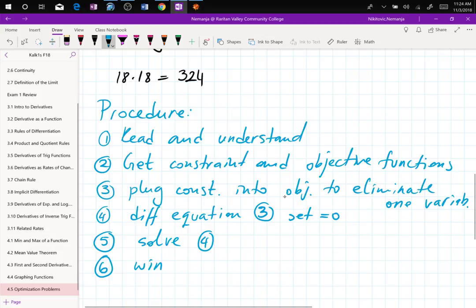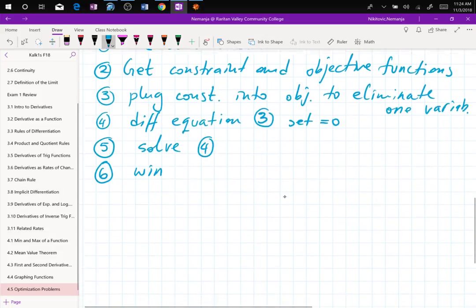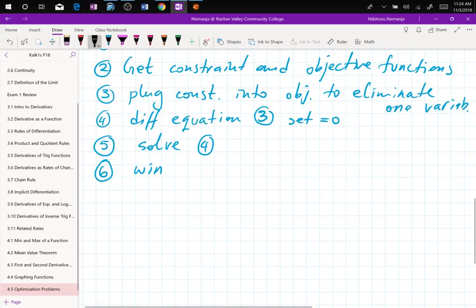So let's take a look at another one. Okay, so some of my favorite problems are the farmer problems. Farmer has fence, wants to fence off rectangular area, right?